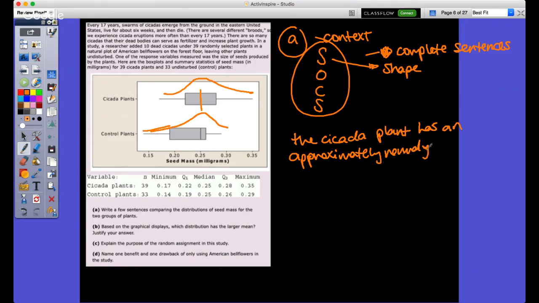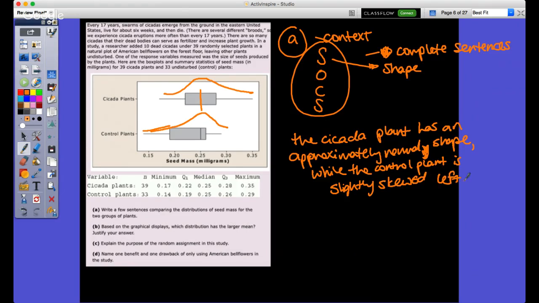Remember LY words, to soften it: approximately normal shape, while the control plant is slightly skewed left. It's probably not slightly, but we'll just say slightly skewed left. So this allows me to show the comparison, and it also highlights the S for the shape.